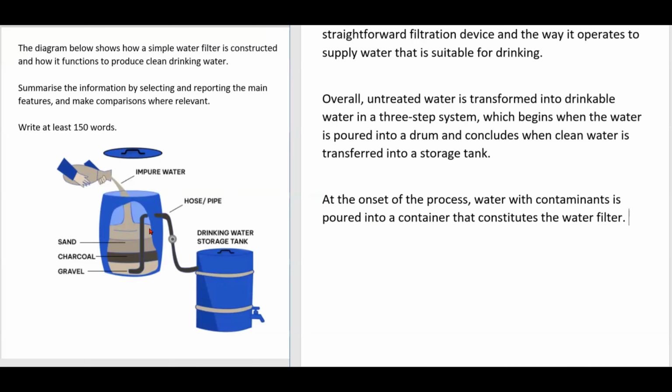Now, this basic water filter of the filtration device is made up of sand, charcoal, and gravel. So we should write that. So instead of writing the water filter, I'm writing something else.